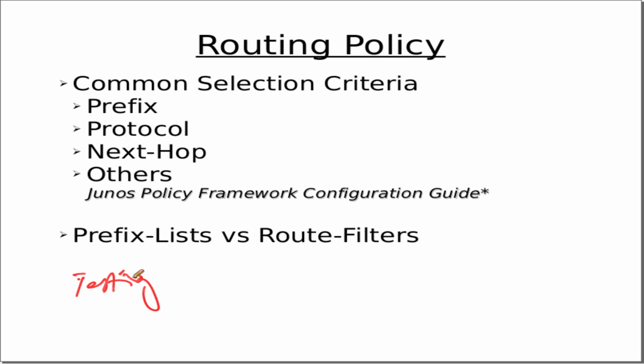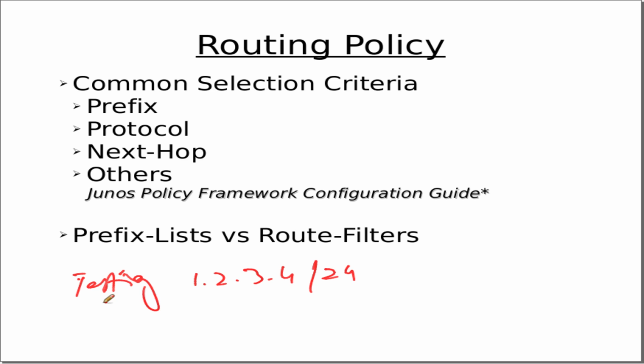And in that prefix list, we say that we have a network which is 1.2.3.4 with a subnet mask of 24. Now this prefix list, once defined, can be used anywhere within the configuration of the Juniper router and many number of times or as many times as we want to.